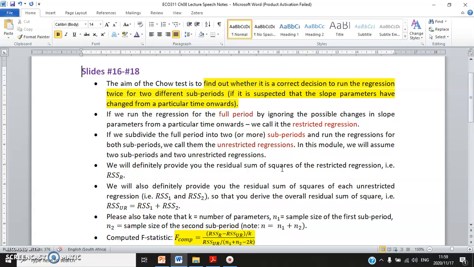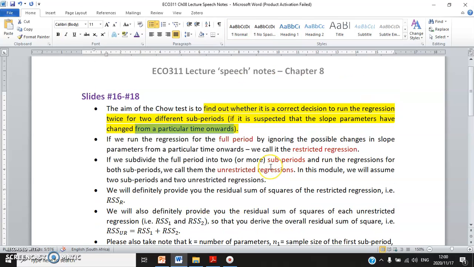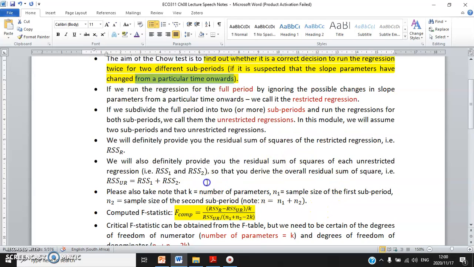Maybe it becomes steeper from a particular point onwards. So we rather want to run the regression twice for the first period, maybe when the slope is flatter, and then I run the same regression, but for the second time from a particular point onwards. Okay, you see the keywords from a particular point onwards when we notice that the slope parameter has changed.